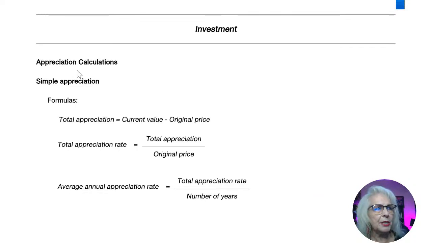Okay, appreciation calculations. Simple appreciation formulas. Total appreciation equals the current value minus the original value. Most properties increase in value, except when there's a downturn in the market or a bad economy and prices start to drop.